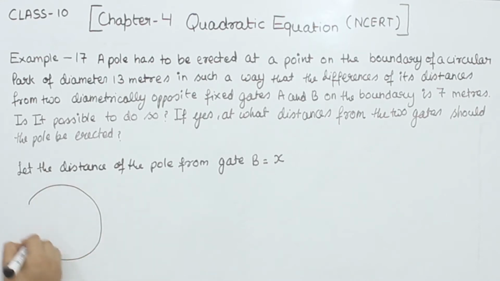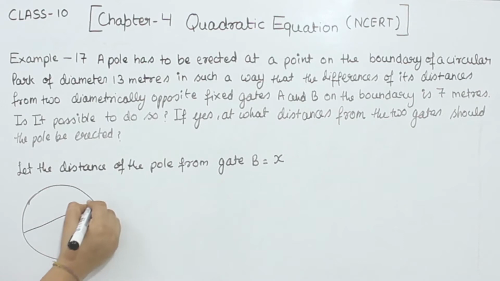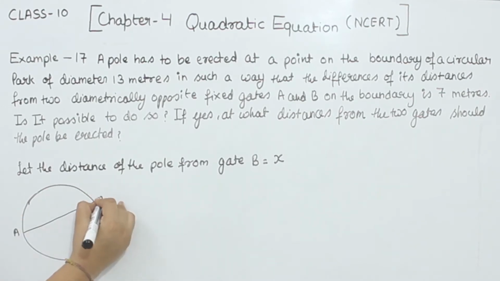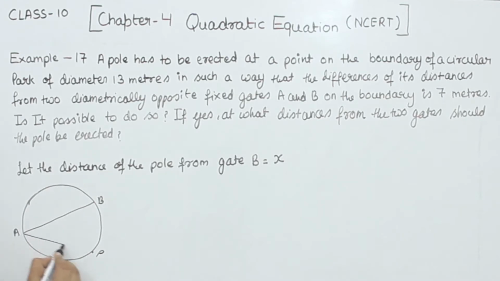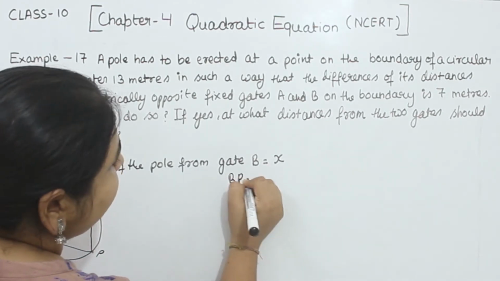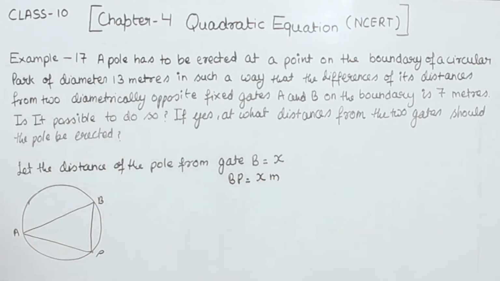This is the path, these are the gates A and B, and this is the pole. So the distance from B to the pole, BP, is x meters.